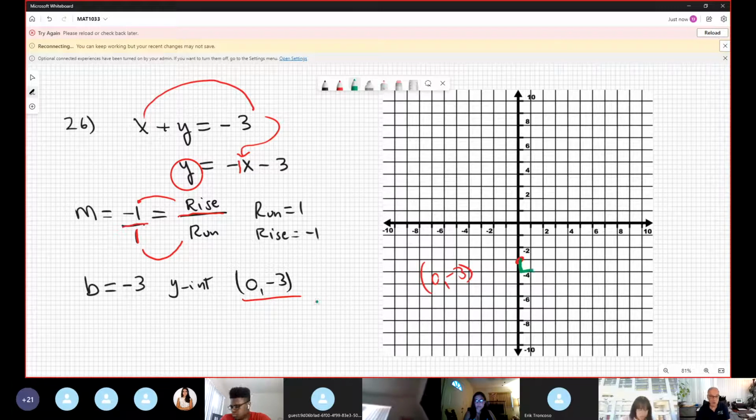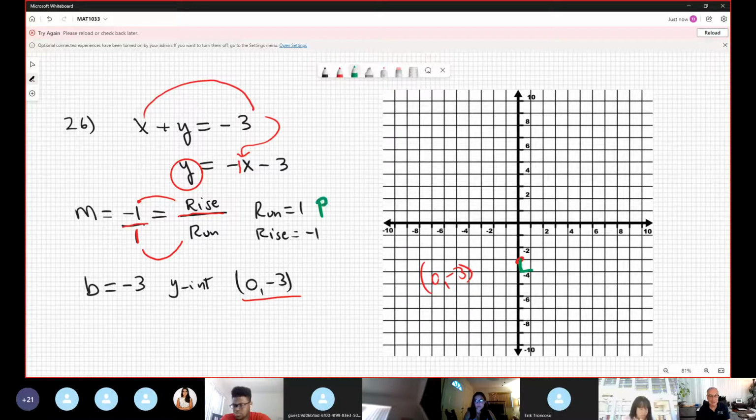Remember, run is always to the right, and rise depends on the sign. If it's negative, down; if it's positive, up. You obtain the second point, which is the point 1, -4.